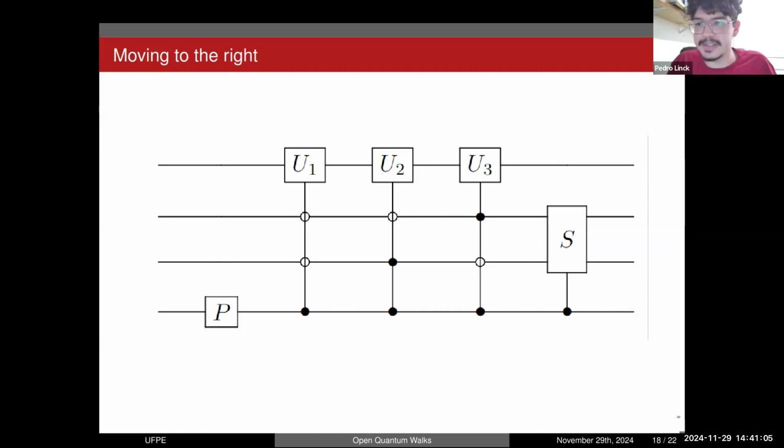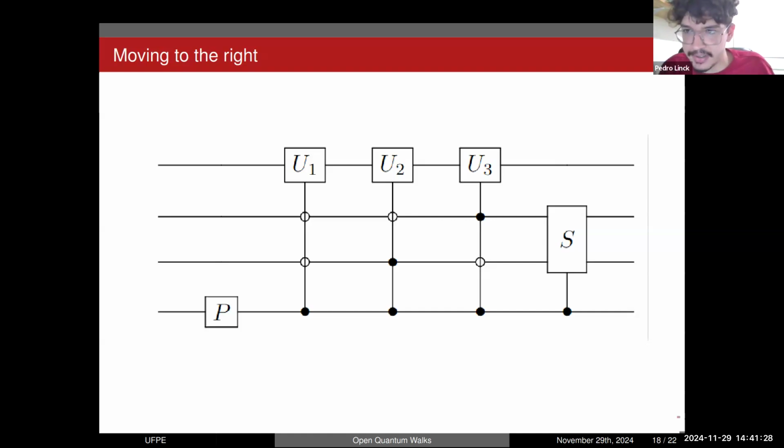This is the encoding of the graph in the binary system. So the first node is 00, the second is 01, the third is 10, and the last one is 11. These two middle lines are the lines of the graph. Here the graph has 2 qubits, dimension 4. And the last one is the ancilla.